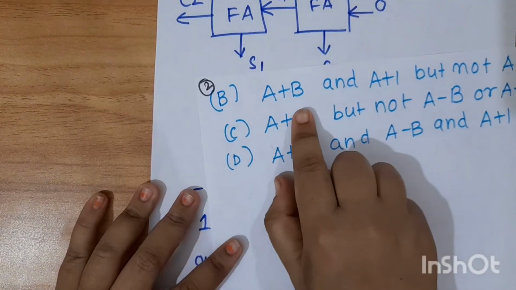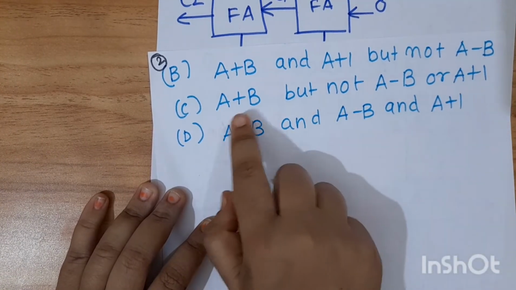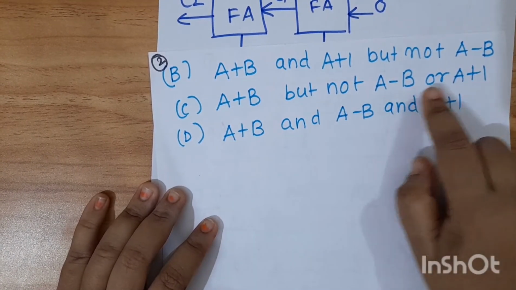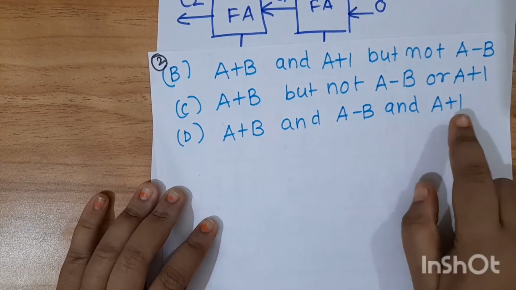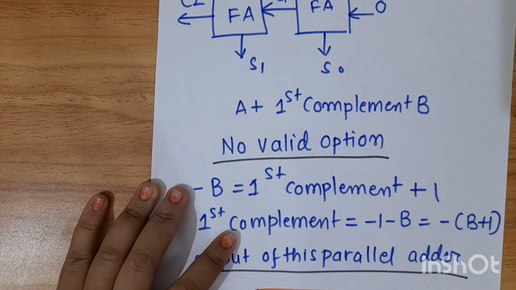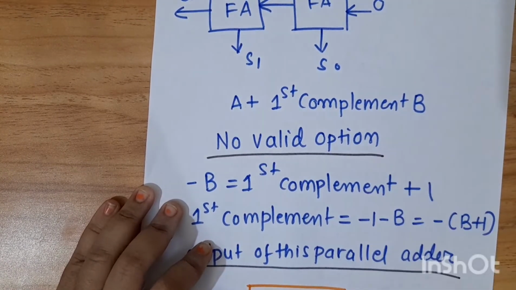There was A plus B and A plus 1 but not A minus B. A plus B but not A minus B or A plus 1. A plus B and A minus B and A plus 1. So, there was no term as A plus 1's complement of B.